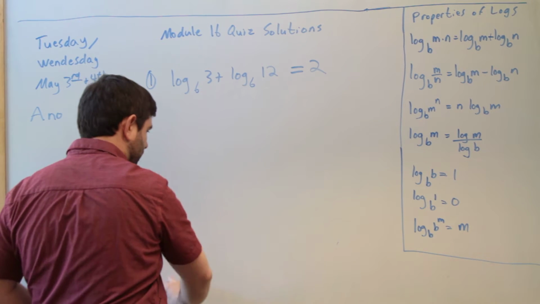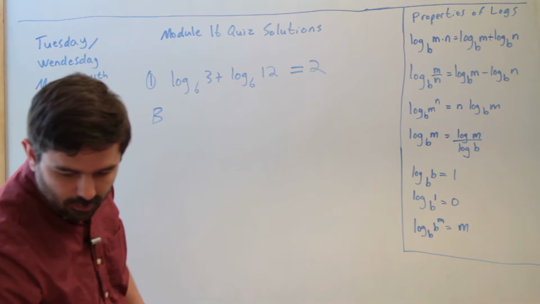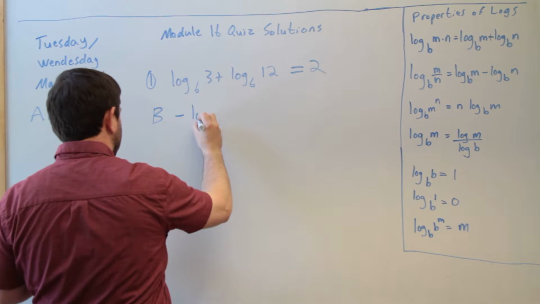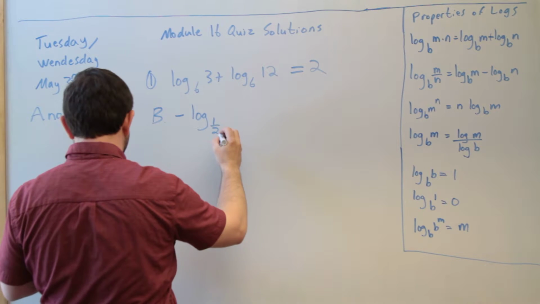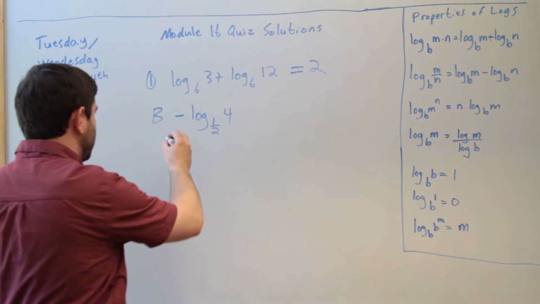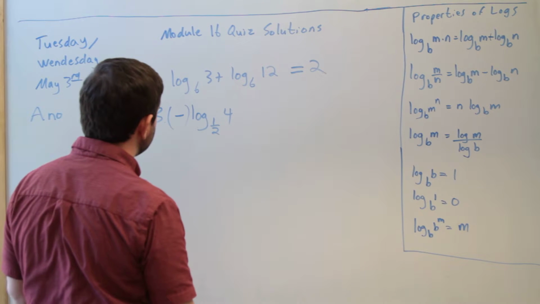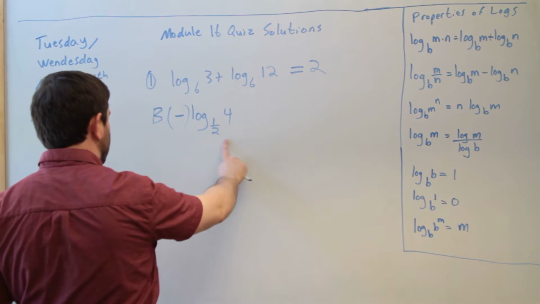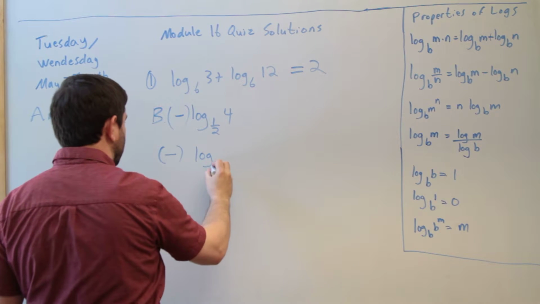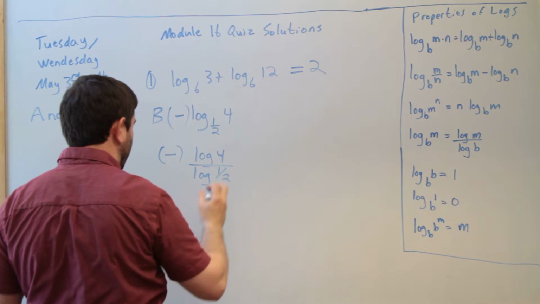Let's try B. B is the negative log base 1/2 of 4. This is rather bizarre looking. Let's hold this negative off to the side and solve this here. A couple ways we could tackle this. I'm going to do the change of base rule here, keeping the negative outside. Log of 4 divided by log of 1/2.